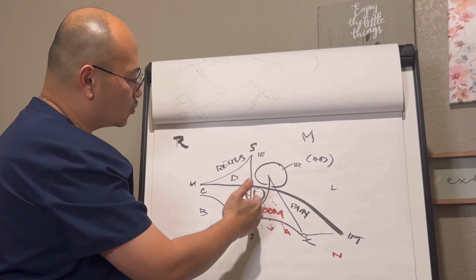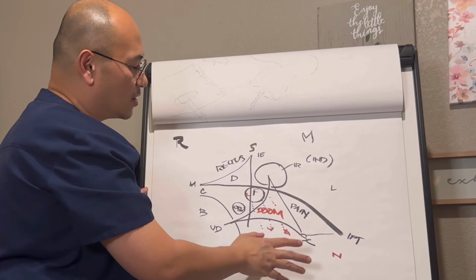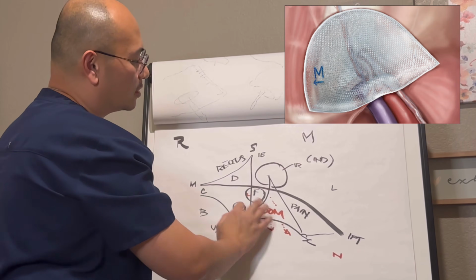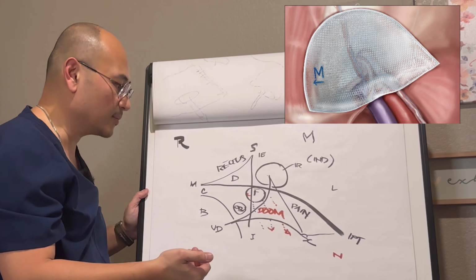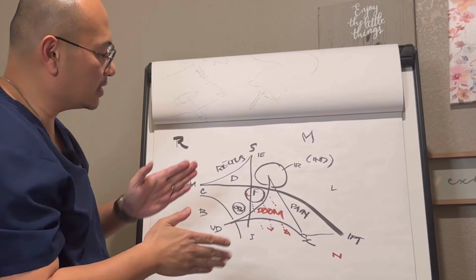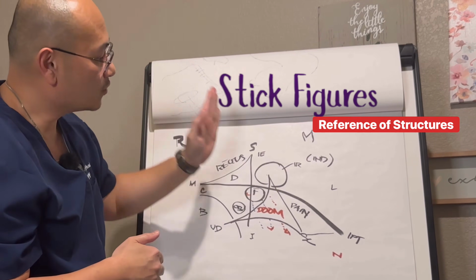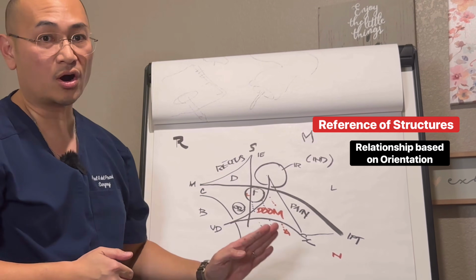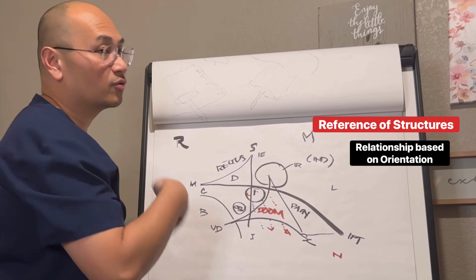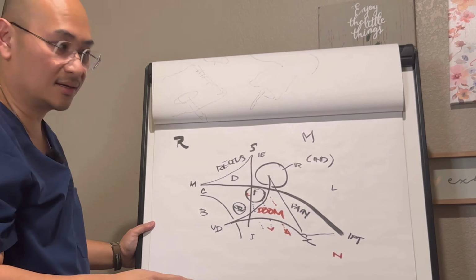And this shows you all the aspects of the myopectineal orifice when you're putting down your pre-shaped mesh to cover all the defects during a repair. And so really understanding stick figures when doing reference of structures, where you can understand where things are based on the relationship of structures that you can identify.